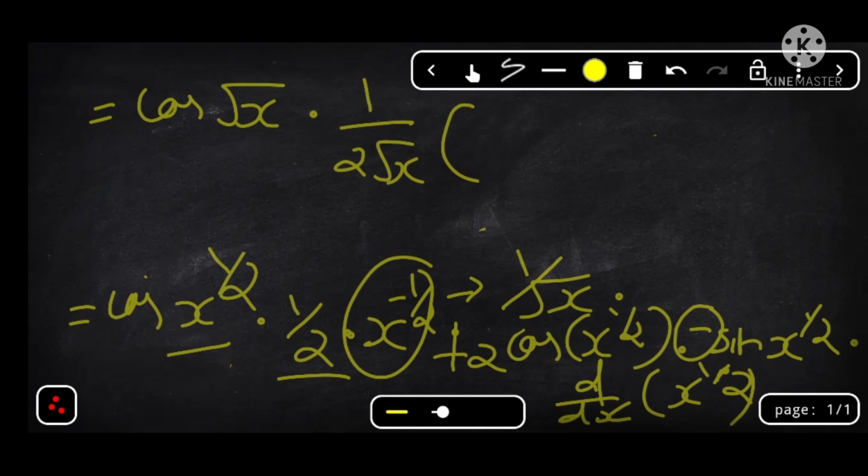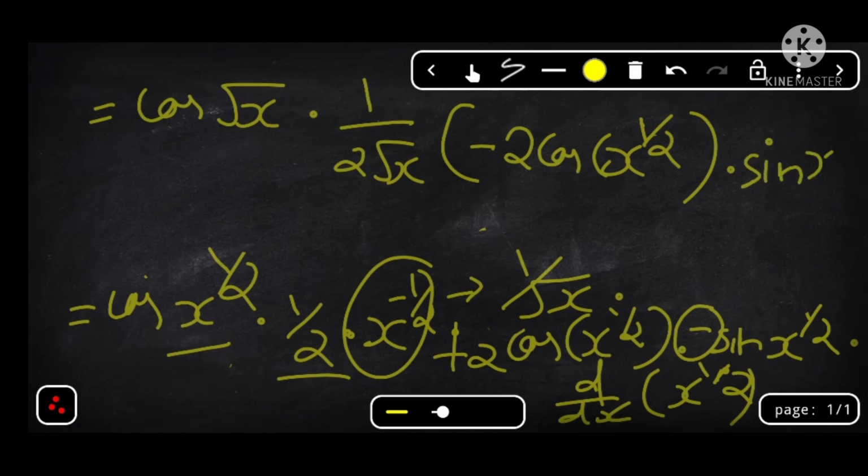Okay, so we have minus 2 cos x raised to 1 by 2 into sin x raised to 1 by 2. When we differentiate this one, we'll get the same thing, right?